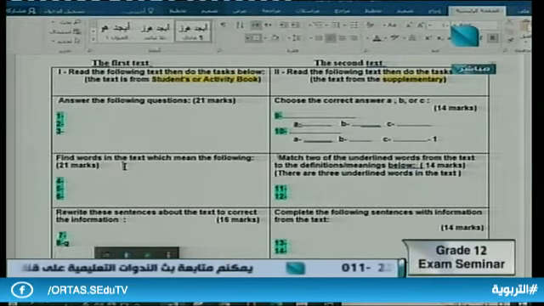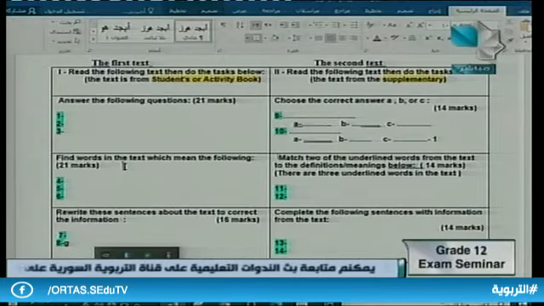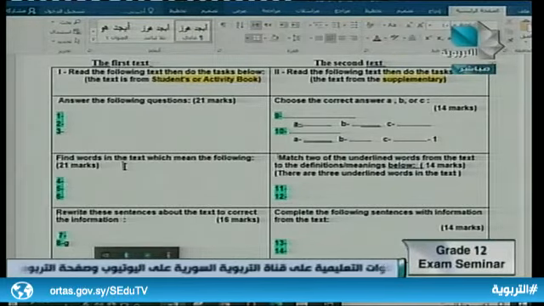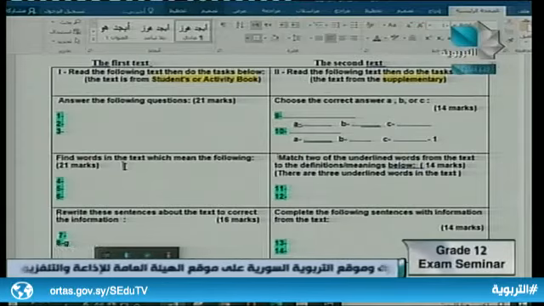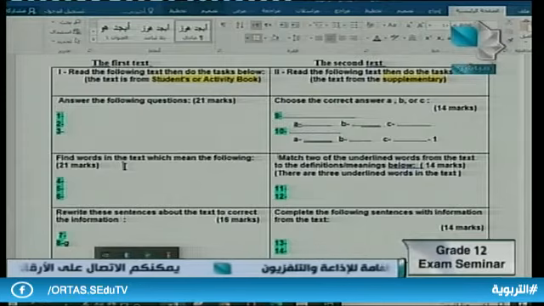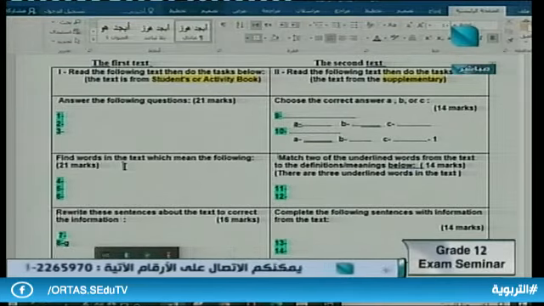As you can follow me here, we have a text from one of their textbooks, either the student book or the activity book. The first text has some tasks they have to follow. First of all, read the following text, then do the tasks below.